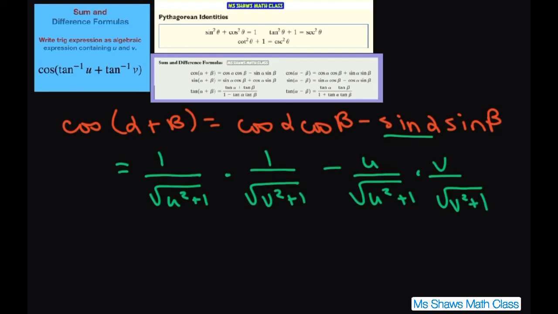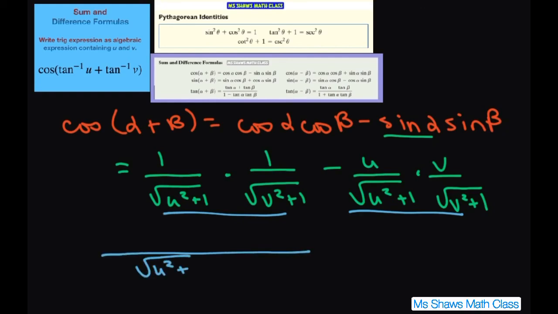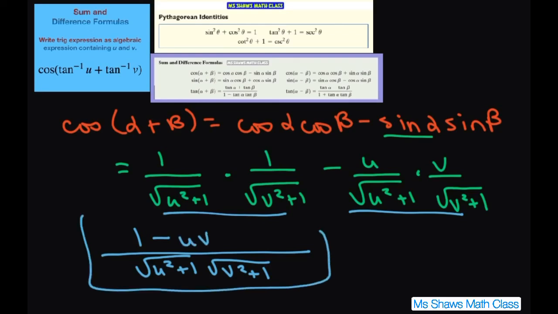And then just to simplify, the common denominator is square root of u squared plus 1 times square root of v squared plus 1. 1 times 1 is 1, minus u times v is uv. And this would be your final answer.